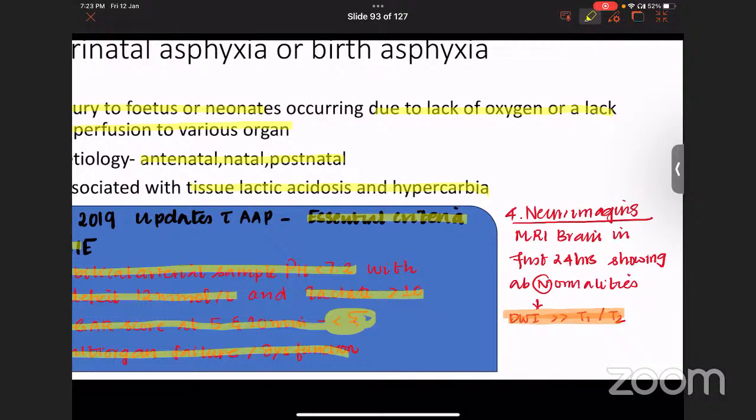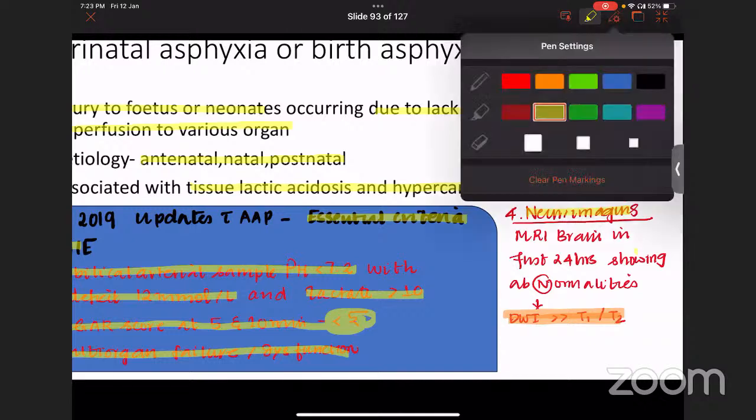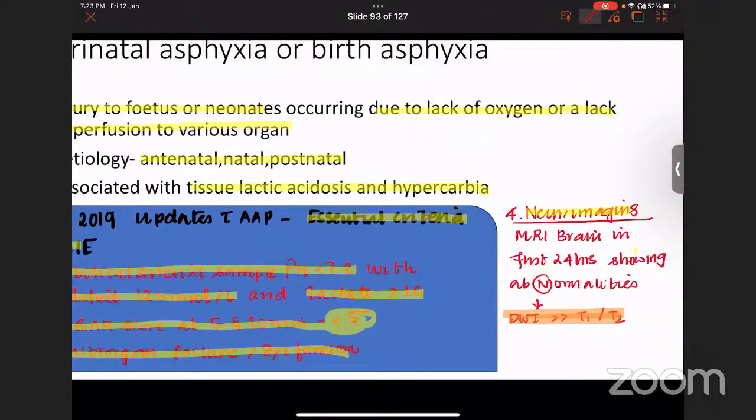So in recent guidelines, neuroimaging MRI brain in the first 24 hours showing abnormalities in your basal ganglia, in your thalamus, and your PLIC, the posterior limb of the internal capsule. These are the three areas which you have to see.